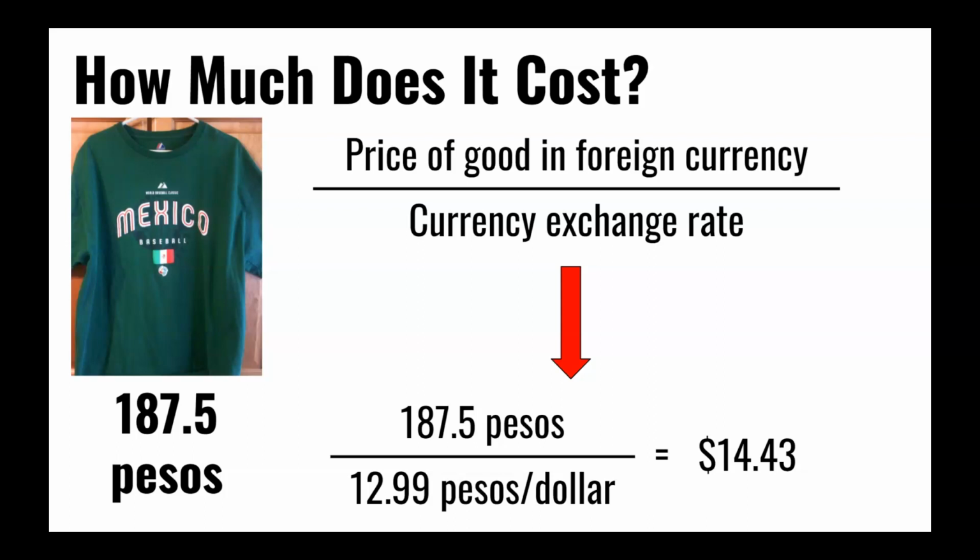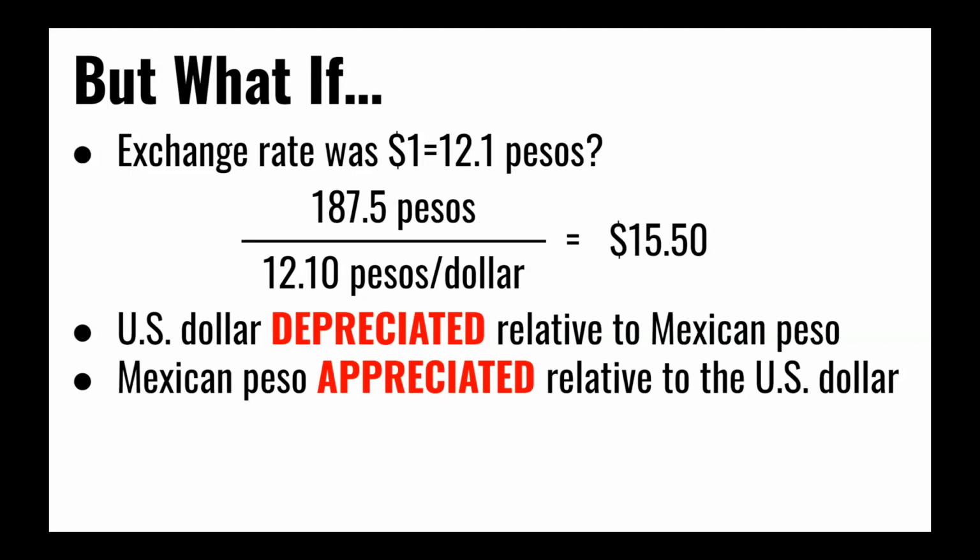If that exchange rate changes, let's say that it changes to 12.1 pesos per dollar, then we'd see that the price of that shirt in American dollars would jump to $15.50. And so when we see that the product costs more in American currency than it did before, then we can say with confidence that the United States dollar has depreciated in value relative to the Mexican peso.